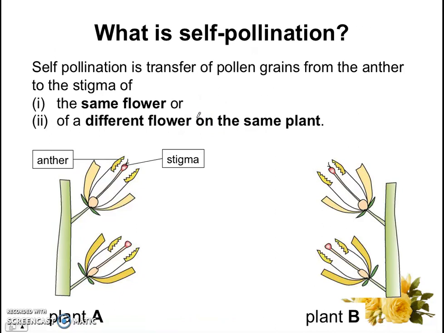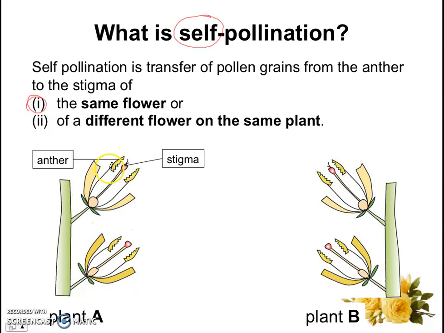Okay, so now we're going to get into the details. I want to talk about the difference between self-pollination and cross-pollination. So let's start with self-pollination. Now, self-pollination, as the name suggests, is when the pollen grains are transferred from the anther to the stigma of the same flower. So this is case 1. Here's a flower.